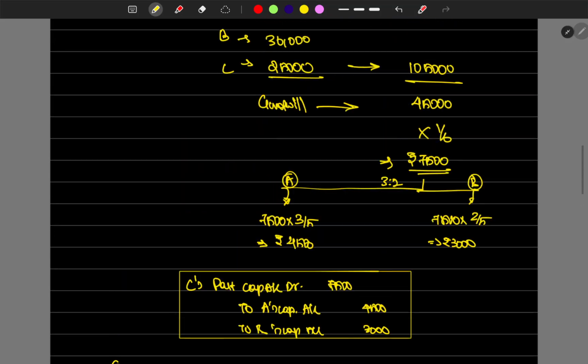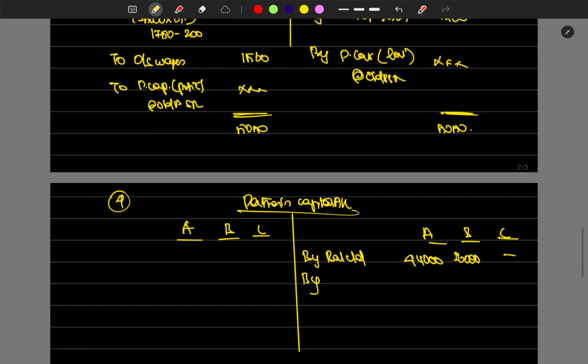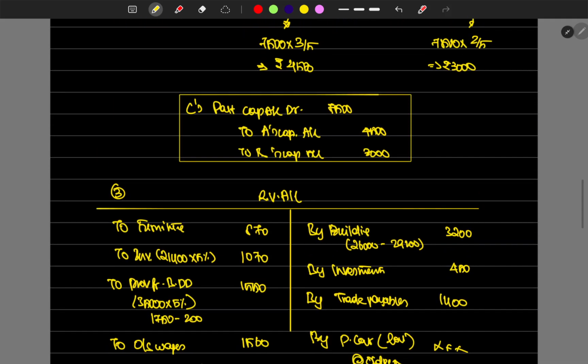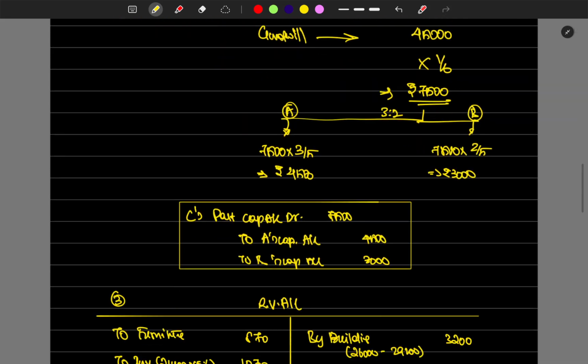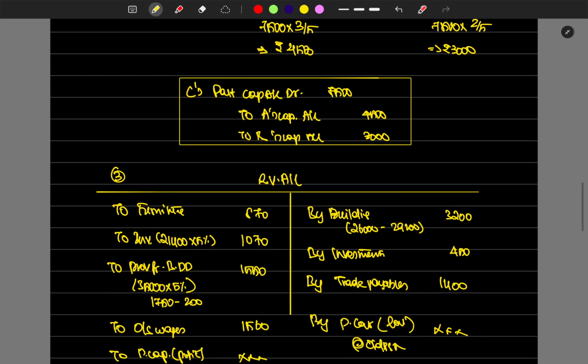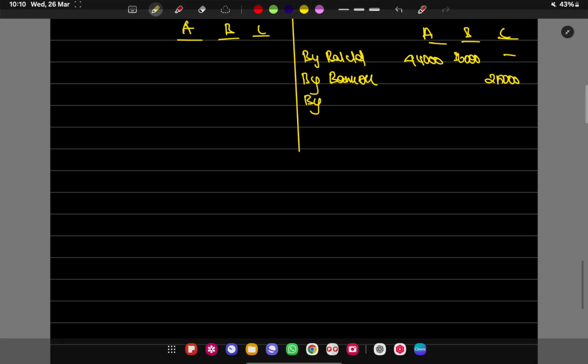Then what else comes there? C has brought the capital, right? By bank account, which is 25,000 capital brought by C. Third entry, obviously there is only goodwill, so we have to enter the goodwill entry by C's capital account.